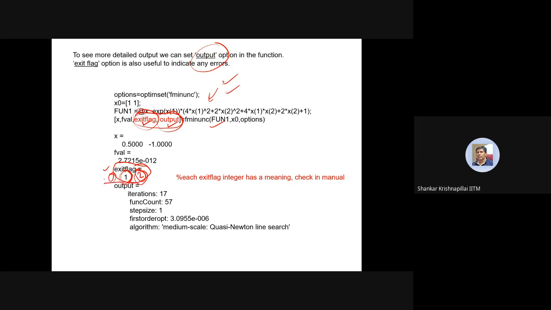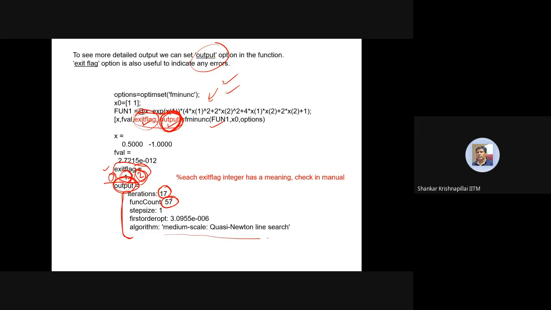Then another thing is that some output data has come. If you type output and press return, it will show all this data. It means that 17 iterations of the algorithm have taken place, and the objective function was called 57 times, that is, to evaluate the objective function value.